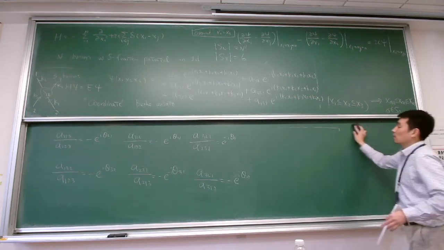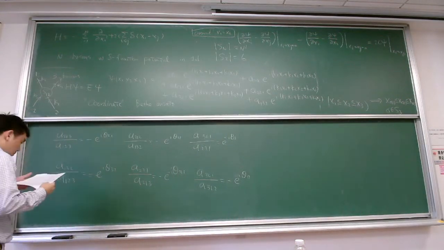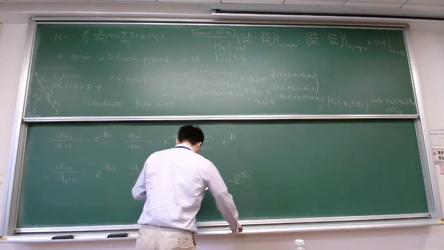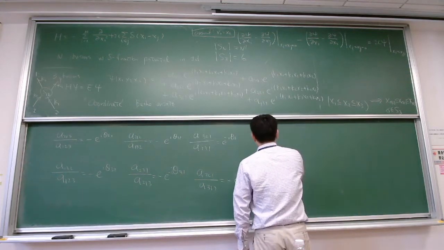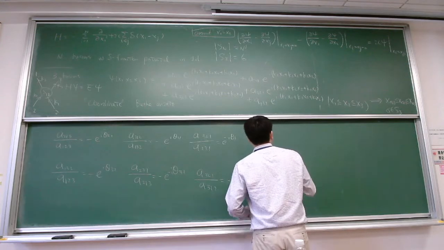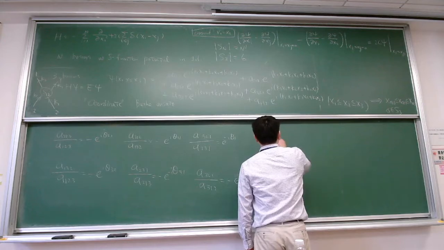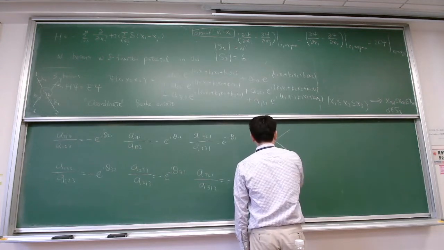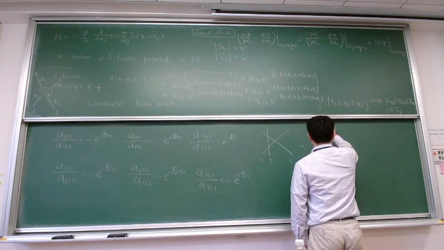So now what we have is the 1, 2, 3 particles, and I think this is the famous Yang-Baxter relation. So 1, 2, 3 is equal to this one.